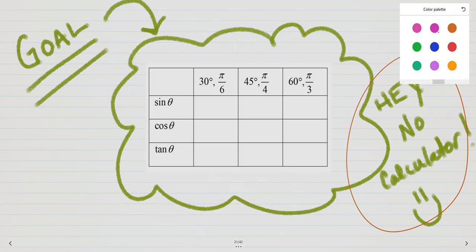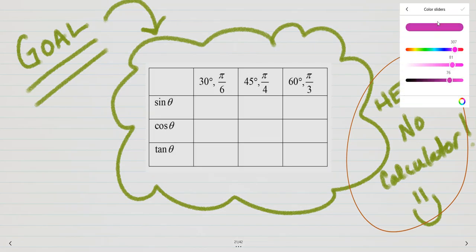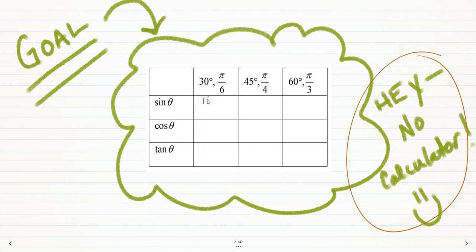You need to be able to state very quickly, easily, the sine of 30 degrees. The sine of 30 degrees is simply 1/2. The cosine of 30 degrees is simply the square root of 3 over 2. And then if I have the sine and the cosine, I can easily find the tangent.